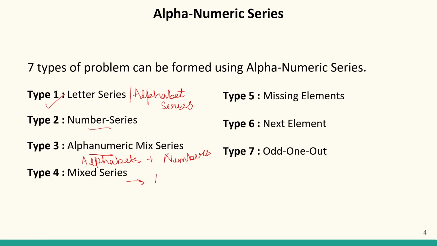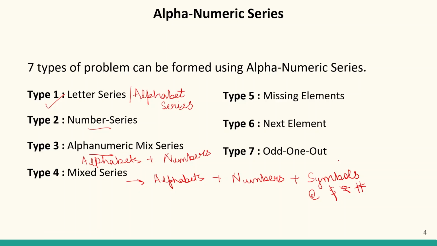In mixed series, we have alphabets plus numbers plus we also deal with symbols. So what are symbols? Some examples are the @ sign, the $ sign, the rupee sign, the hashtag. These are all symbols. When this is also incorporated in the question, we call it mixed series type.